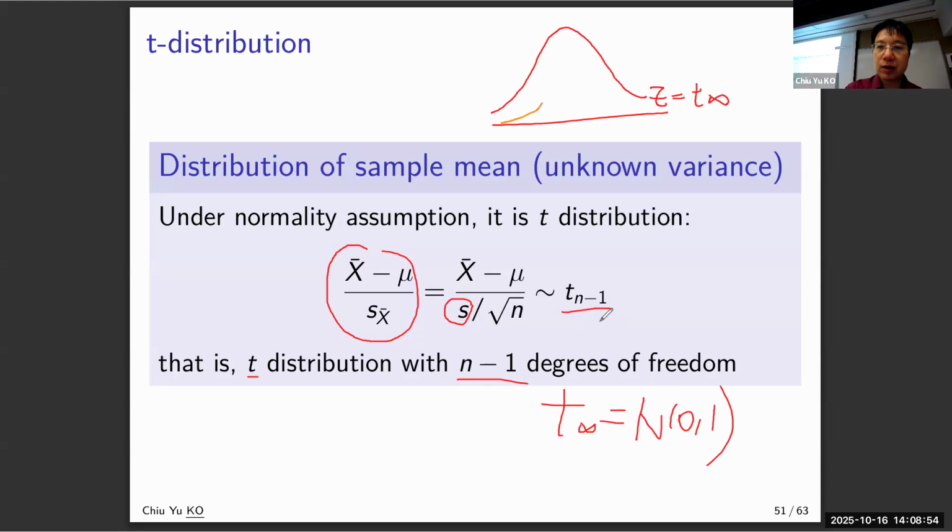T1 is something like this, flatter on both sides, so it must be shorter in the middle. It has higher kurtosis. The normal's excess kurtosis is 0, remember.